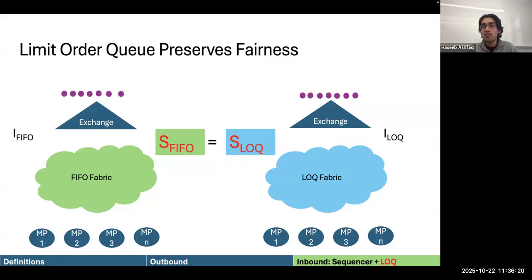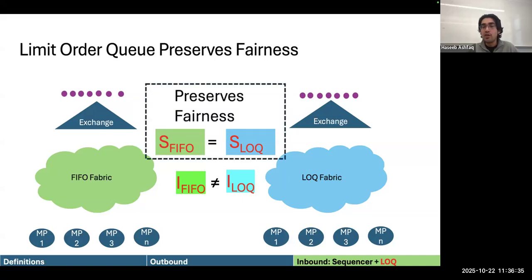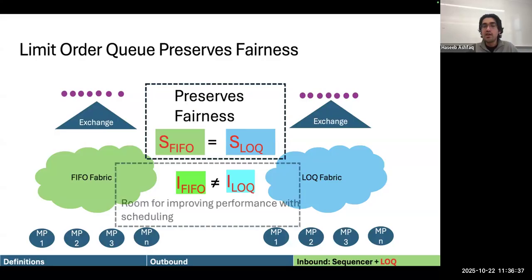If they are not equal, that means LOQ is not preserving fairness. But IFIFO does not need to be equal to ILOQ, and that's where the room for any kind of packet reordering or scheduling comes in. SFIFO being equal to SLOQ preserves fairness, and this does not need to be equal. That's the room for improving performance with some kind of packet reordering, with some kind of scheduling.